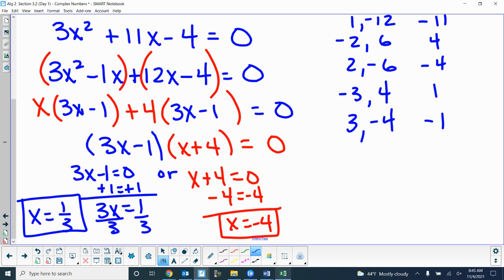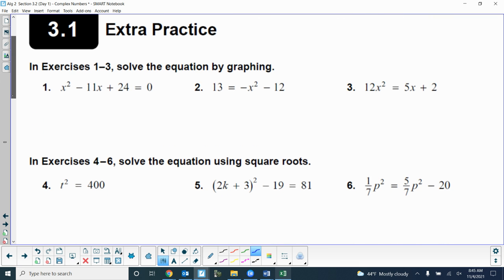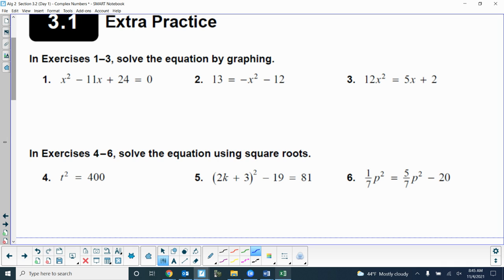Okay. Looking at the homework that I showed you, checking your work, any of the first 3 you want to look at. Maybe number 2. I like my x squared to be positive, so I'm going to add x squared and 12.